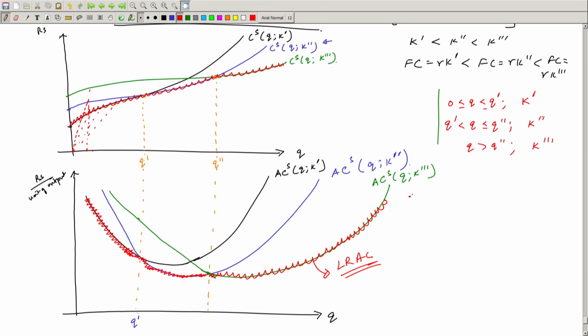So, for any q, for any amount of output, the long run average cost gives the lowest cost of producing the corresponding output.